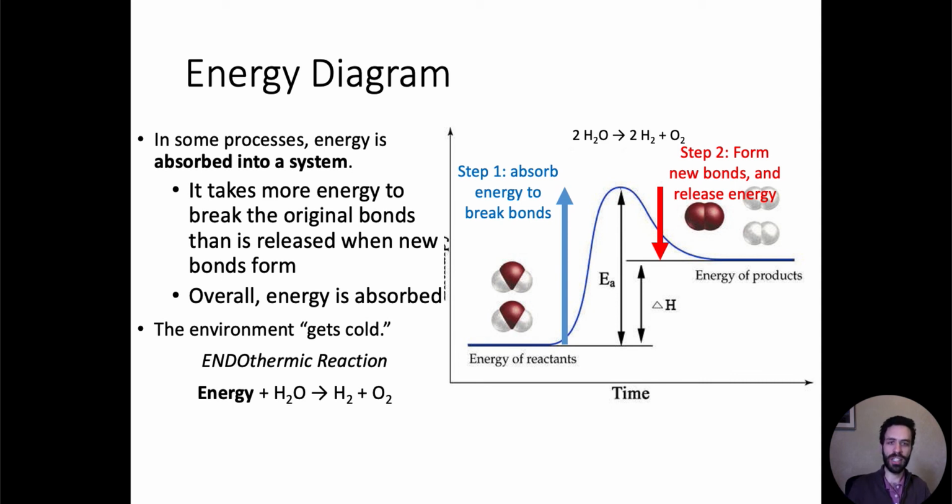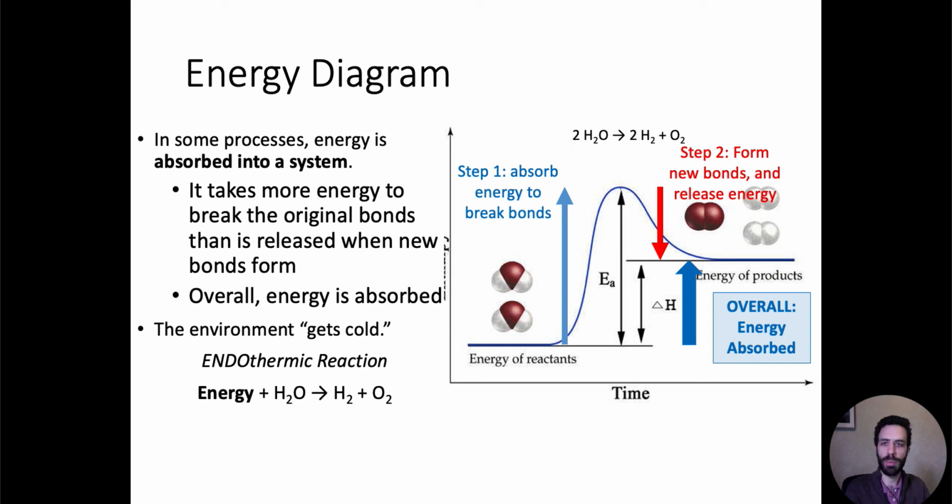In this reaction, more energy was absorbed in step one than was released in step two. So overall, this reaction absorbs energy. This is an endothermic reaction because energy is absorbed by the system. The environment will get cold, and energy is a reactant because you need it at the beginning to make the reaction happen.